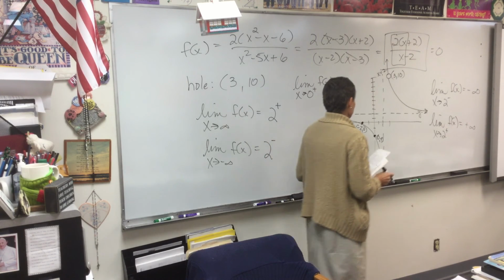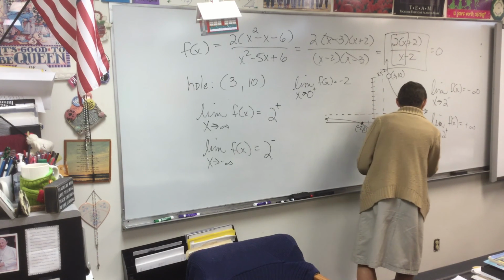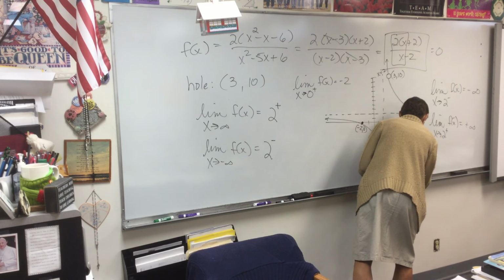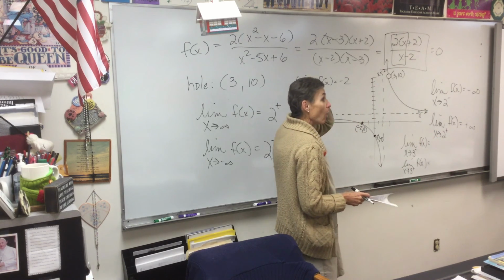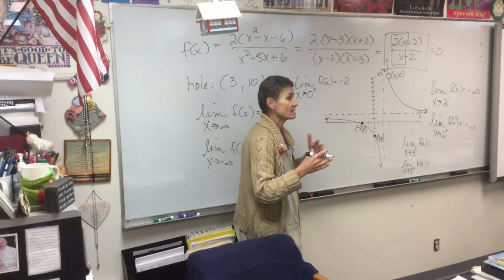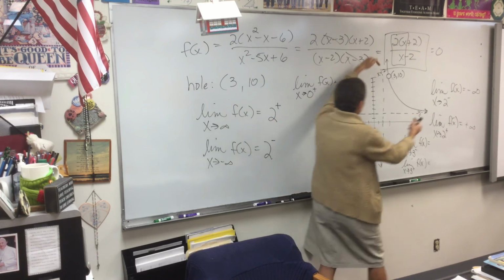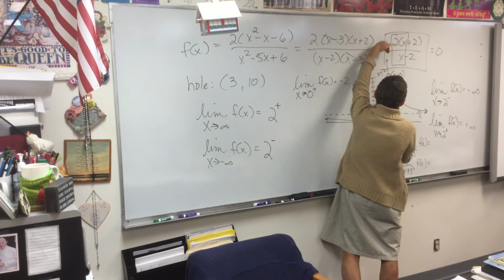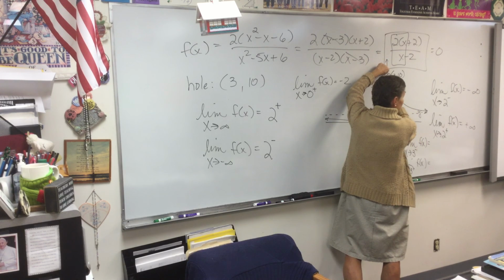All right, what about 3? We want to approach 3 from the left, and from the right. Now we got a hole there, but I'm not panicking about that because my job is simply to say what happens to y. As I'm heading toward 3 from the left side and the right side, what are my y values doing?